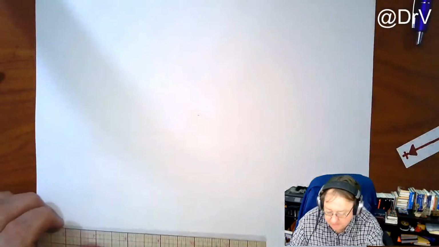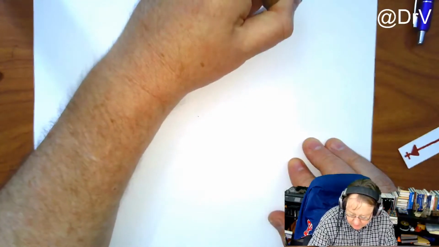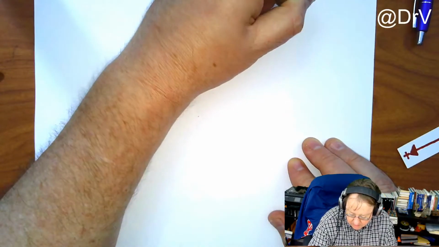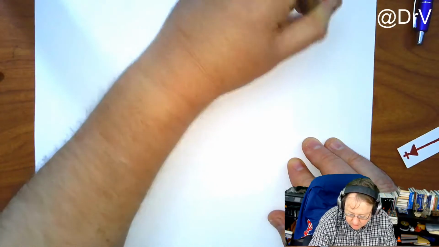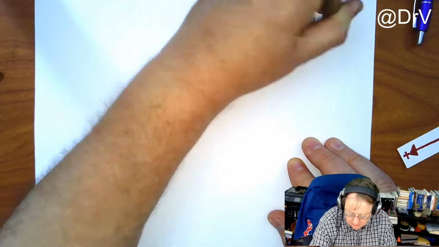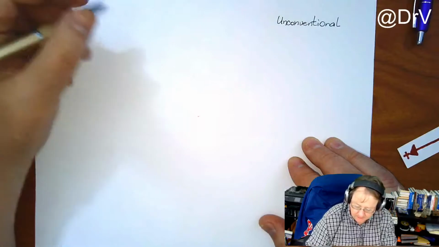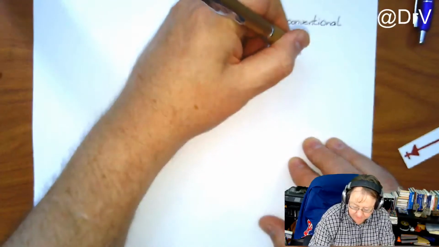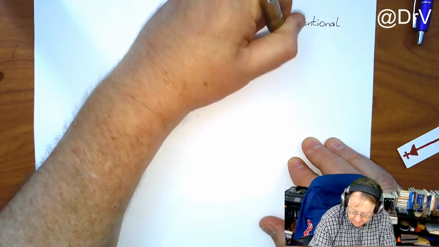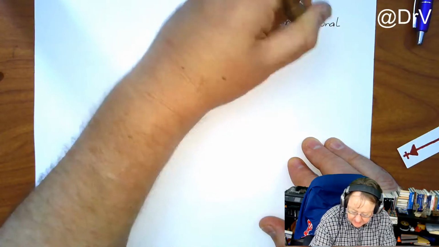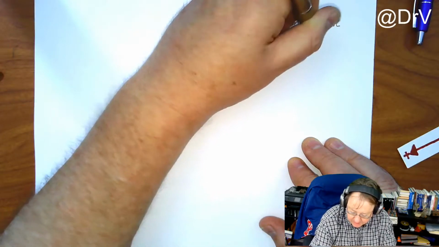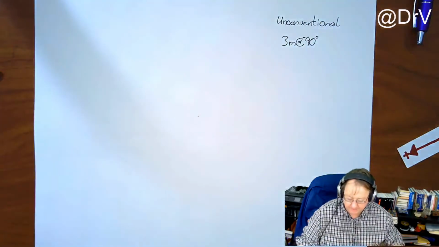Now, for unconventional, let's do the simple one, 3 meters at negative 90.